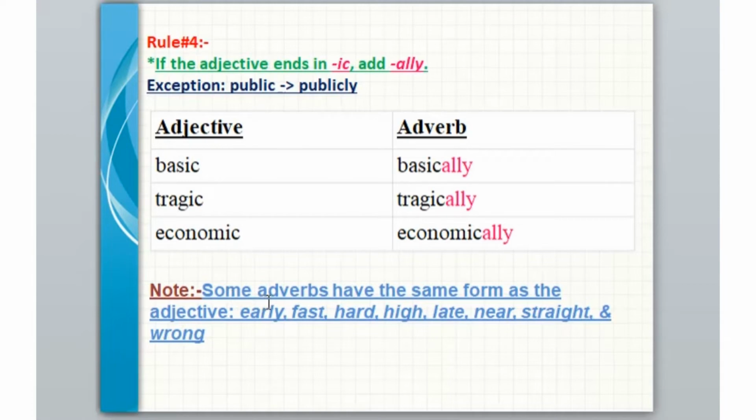Now there is another important note. Let's quickly go through that also. Some adverbs have the same form as the adjective. Some adjectives remain the same in both the adjective form and the adverb form, just like these: early, fast, hard, high, late, near, straight, and wrong. In both ways, they remain the same.